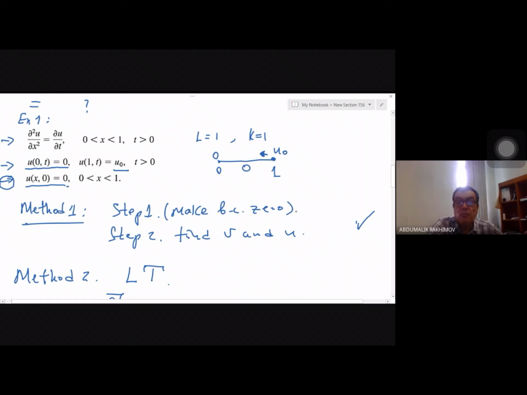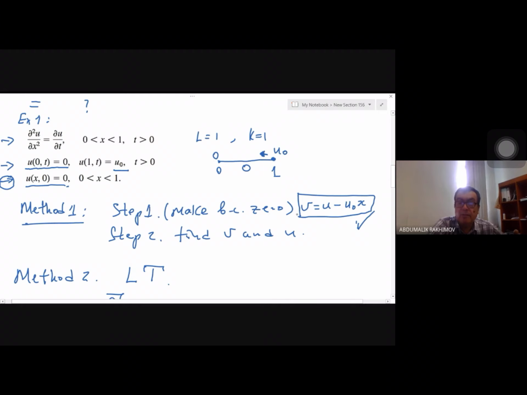For this, you need to use an appropriate transformation, right? V is equal to U minus x over x u0 x. This will be the transformation. If you use this transformation, it will make your boundary condition 0.